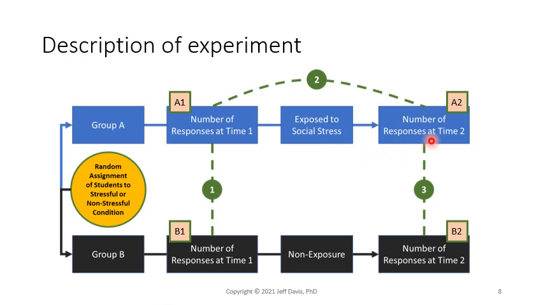The number of questions that our simulated students try to answer at time 2 should be lower, because after exposure to the stress, they should be far less willing to try to answer difficult questions than at time 1. Also, after exposure to social stress, this group should be far less willing to try to answer difficult questions than what we observe in group B at time 2.